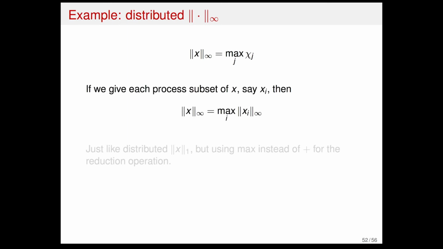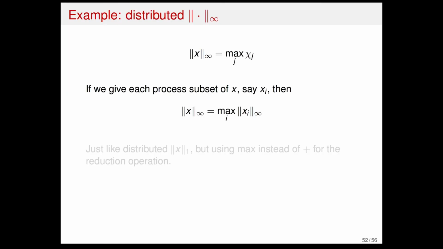What we would do is give each process a subset of x, say, again, x sub i, and then locally each process would compute the infinity norm of its portion of x. And then once you have this local infinity norm, you can then run an MPI_Reduce where you specify the operation this time to be the maximum as opposed to doing summation.